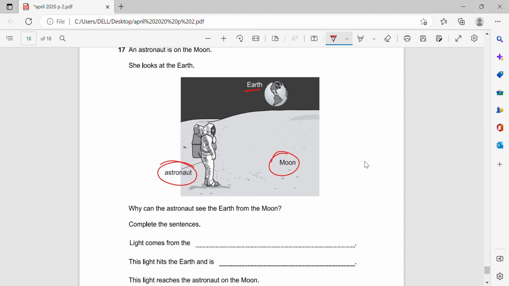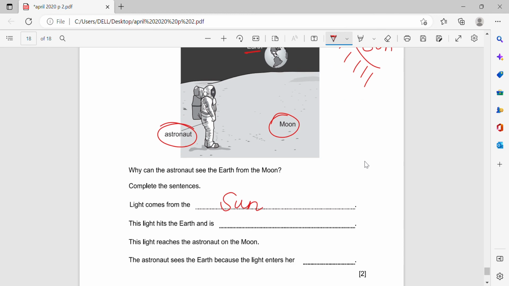Complete the sentences. Light comes from the, what is the source of light in the whole universe? Great, the sun. The light hits the earth and is what? Great, reflected.